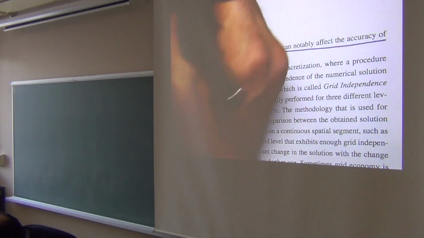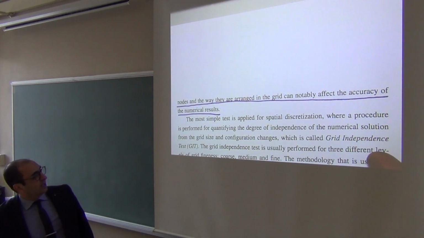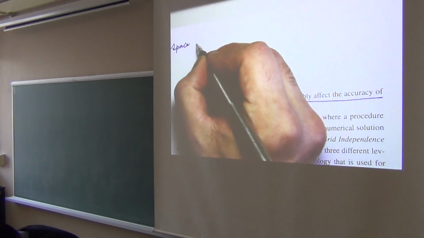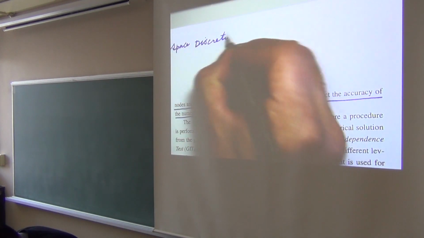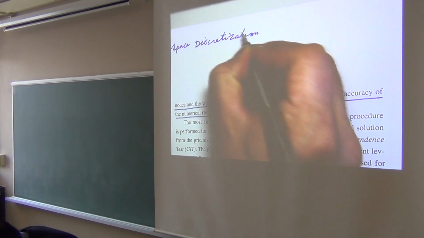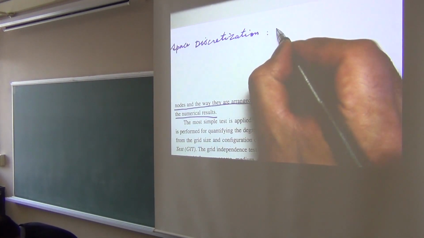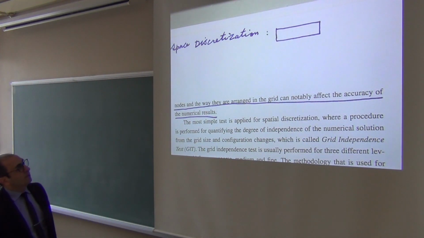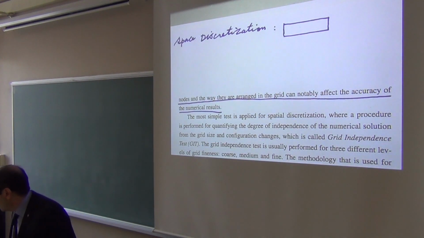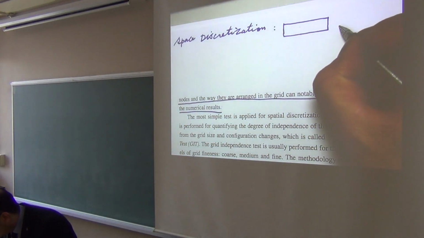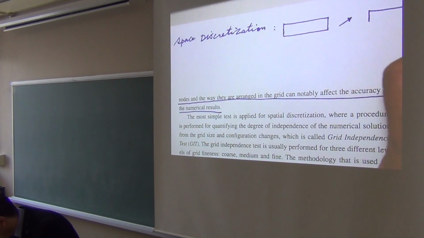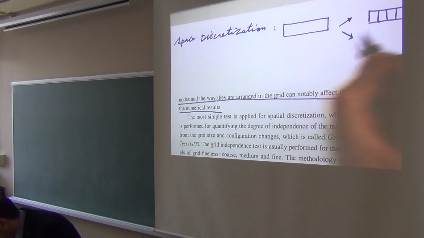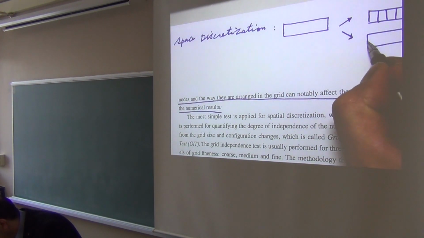Let's say I'm looking at space discretization in 2 dimensions. Here's my domain. Let's say a 2D domain for a boundary layer flow. I can come up with a very coarse grid or I can come up with a very fine grid.